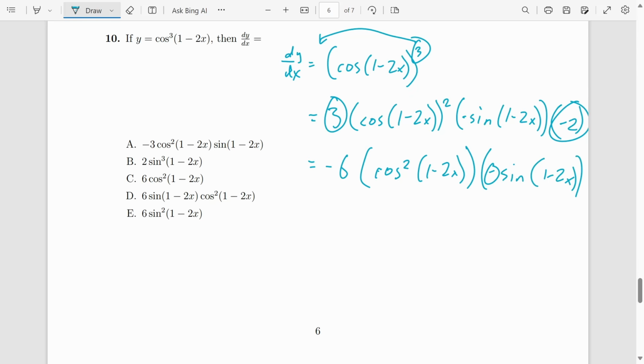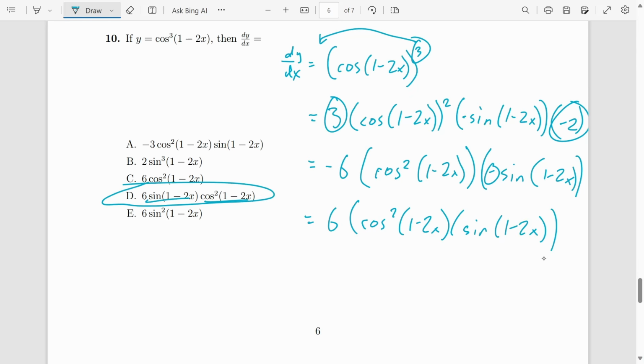This negative can be moved out front to make positive 6 cosine squared of 1 minus 2x times sine of 1 minus 2x. What else can we do here? Oh, no, that's our answer. It's D. It just swapped the sine and the cosine. We have our answer.